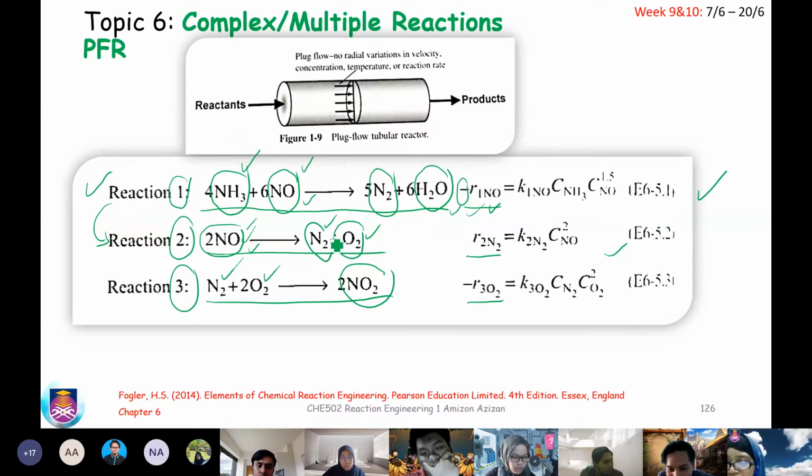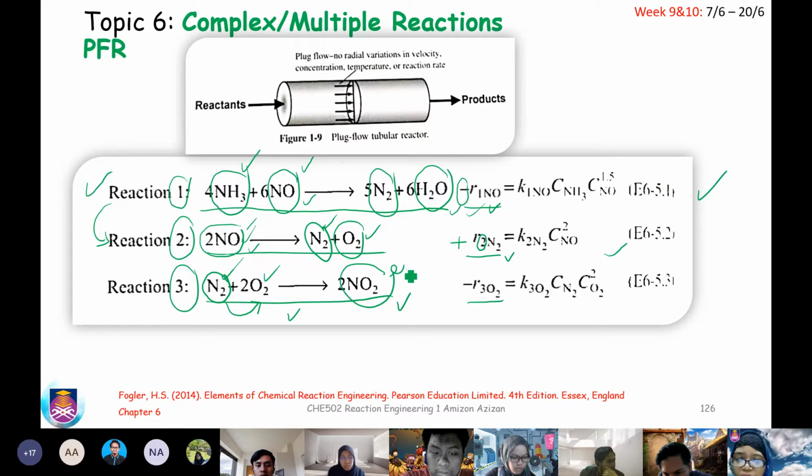Nitrogen, yes, it's nitrogen, yeah? So we are going to write the rate of formation in reaction number 2 with respect to nitrogen. Then in reaction number 3, the nitrogen reacts with the oxygen, producing the nitrogen dioxide. So that will be your end product.